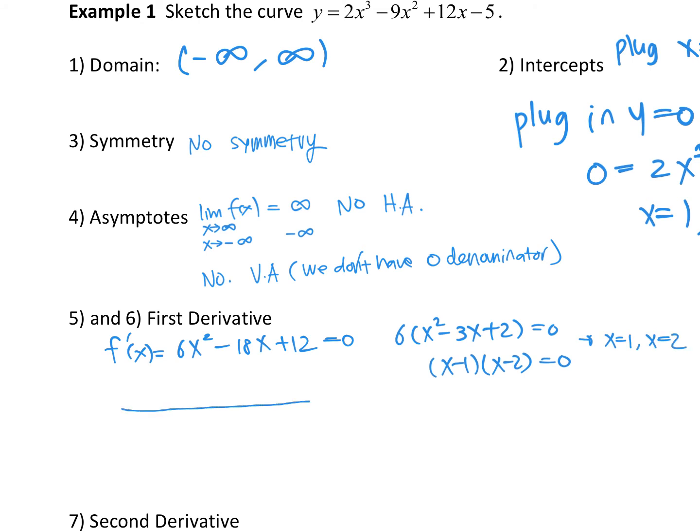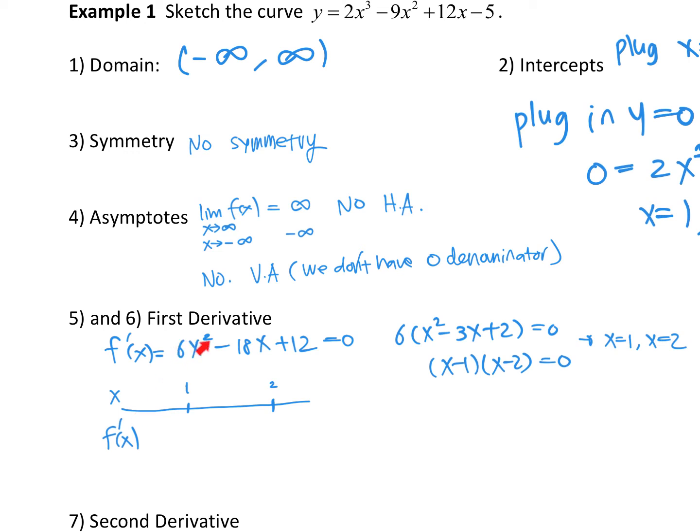So x is 1, x is 2. I want to look at f prime of x to see when it goes up and when it goes down. When you have two critical numbers, we have 3 intervals. For this interval, pick a sample number, 0 let's say.